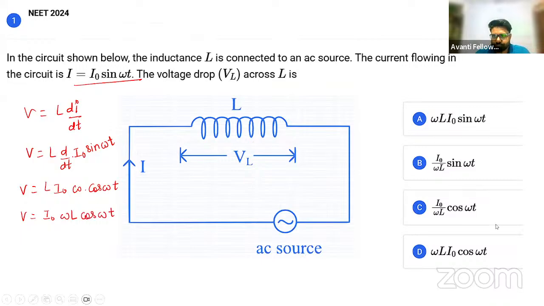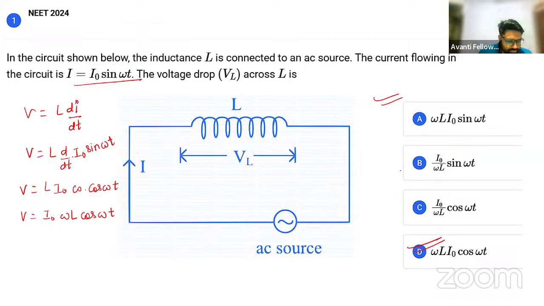As you can see in the answer, omega L into I naught into cos omega t, option 4 is the correct answer of this question. This is from NEET 2024. Option D is correct.